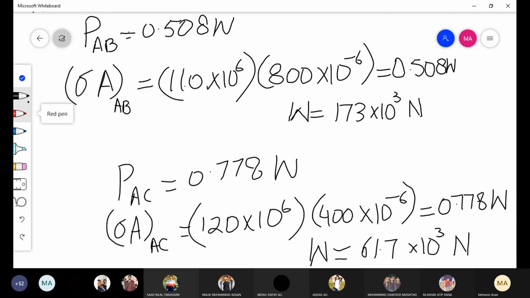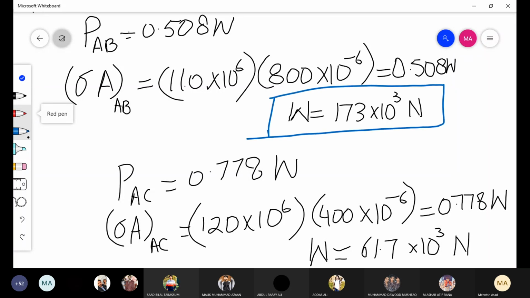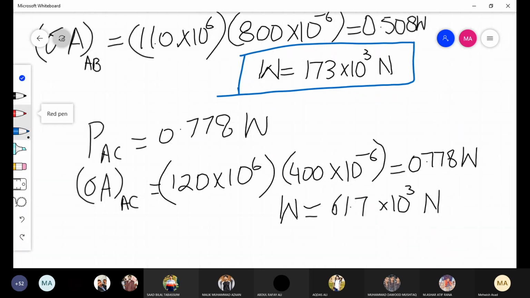So we have come up with two values of weight. One equation states that weight can be 173 into 10 raised to power 3 Newton, and the second states that the W can be 61.7 into 10 raised to power 3 Newton. From these two values of weight, we have to apply the least amount of load so that both members can carry the load.